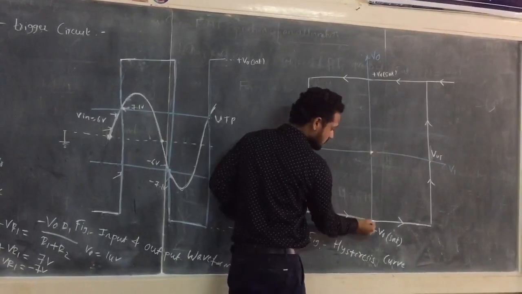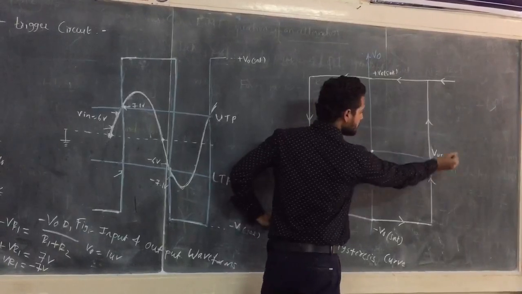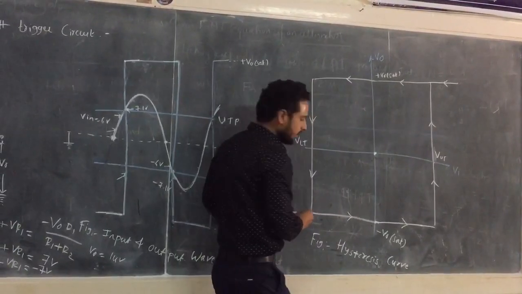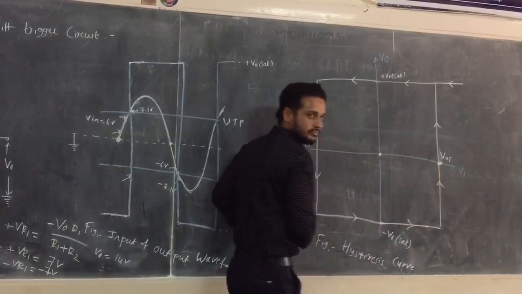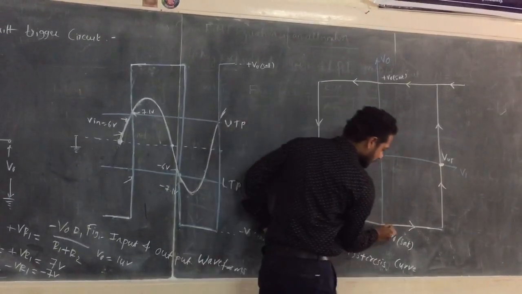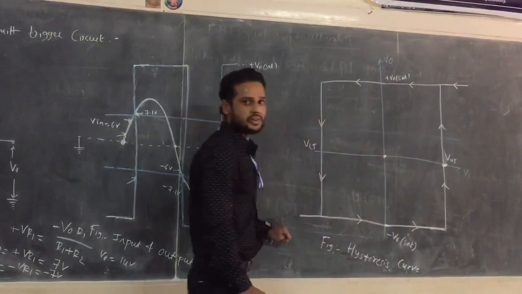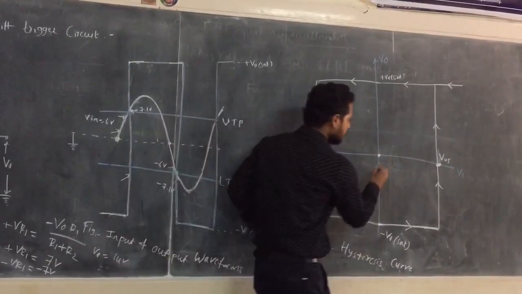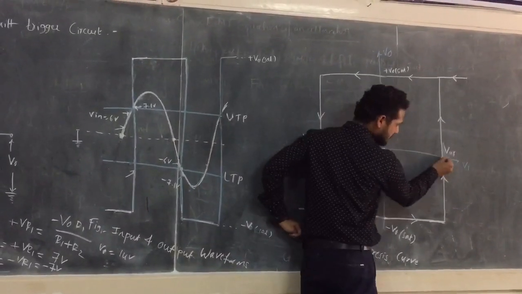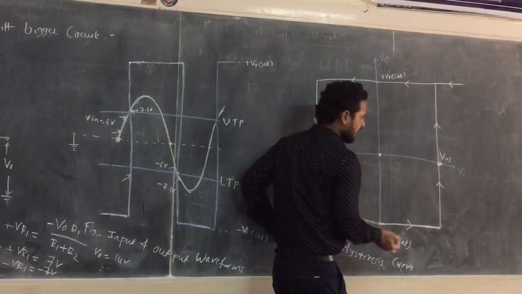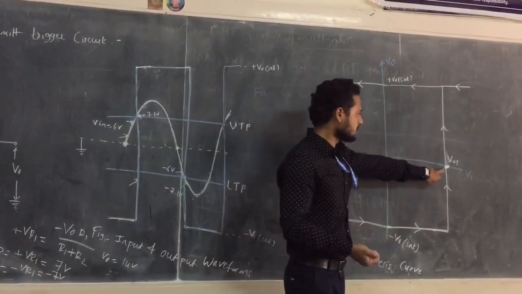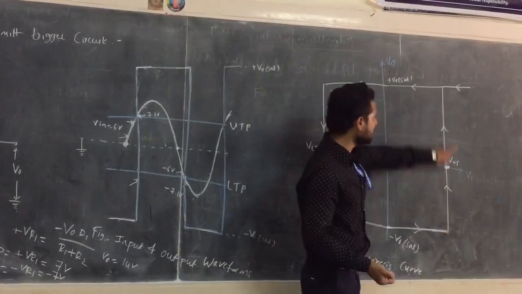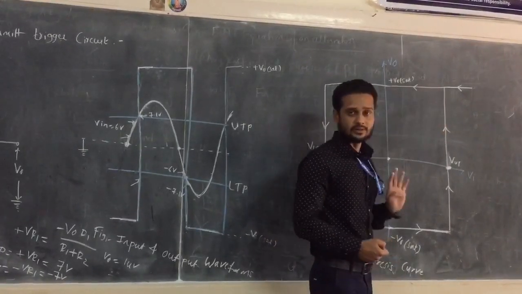So when input voltage was 0, now increase the input voltage in the positive half cycle. Until it crosses this triggering point, output remains at minus V naught saturation. When the input voltage just crosses this upper triggering point, even a few millivolts of increase will make the output switch from minus V naught saturation to plus V naught saturation.